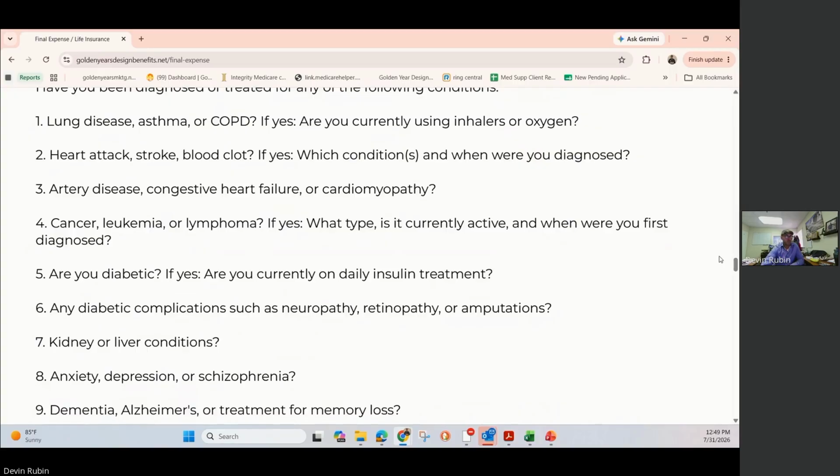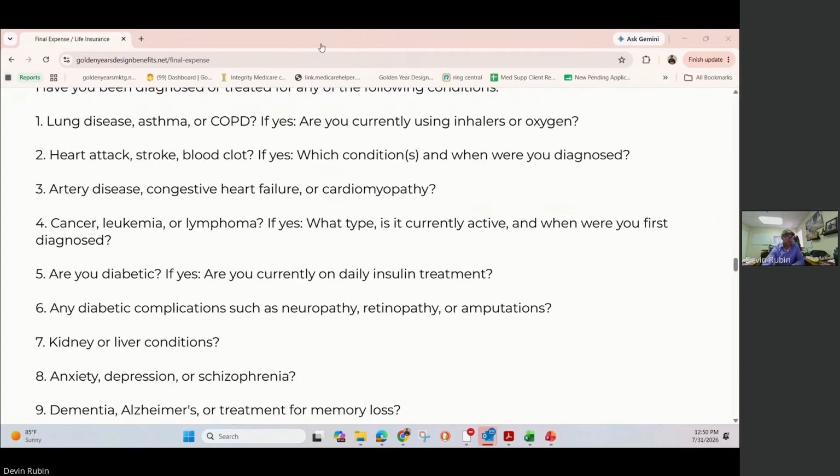Other conditions that would prevent them from getting day one coverage would be heart attack, stroke, blood clots, heart failure, cardiomyopathy, if they've had a recent diagnosis of cancer, diabetics would generally get graded up, but not always.